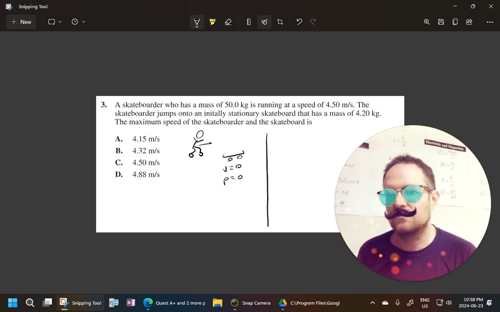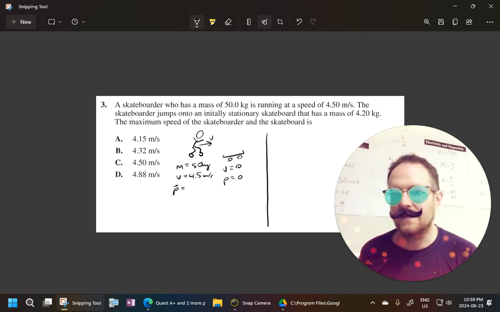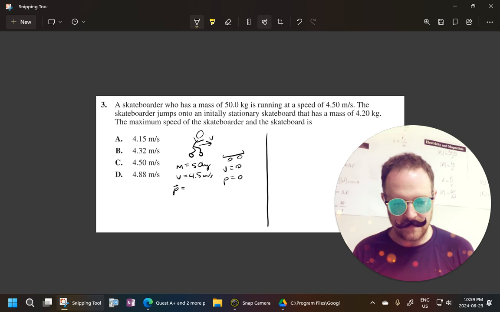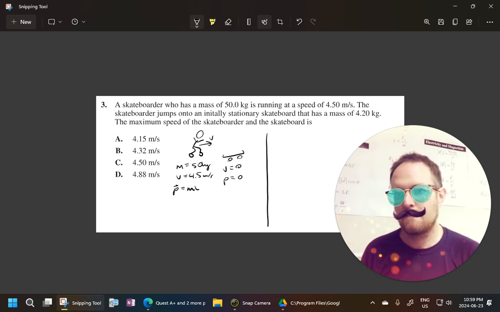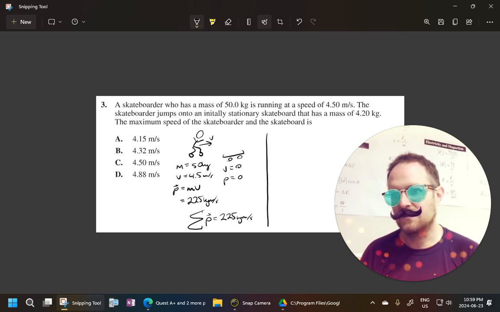This guy running this direction has a mass of 50 kilograms and a velocity of 4.5 meters per second. The momentum is mass times velocity, 50 times 4.5, which is 225 kilogram meters per second. So the sum of all the momentum on this side is 225 kilogram meters per second.